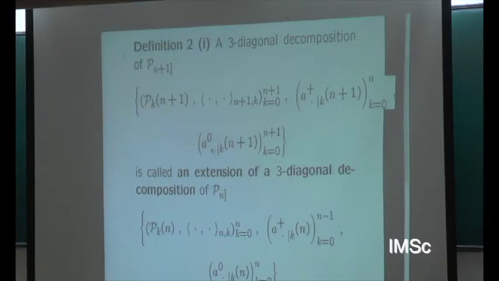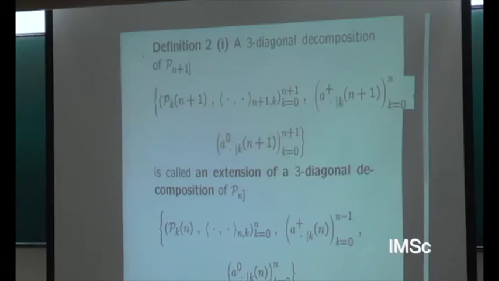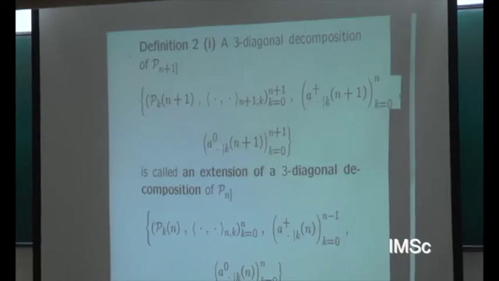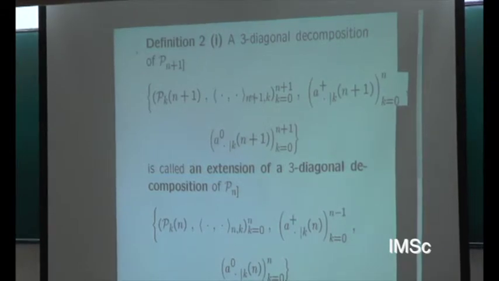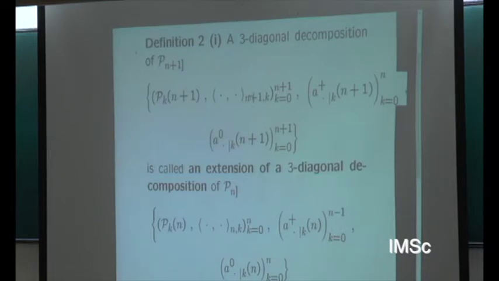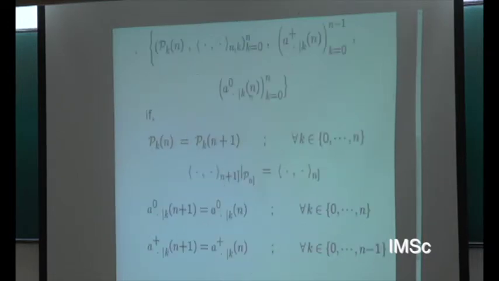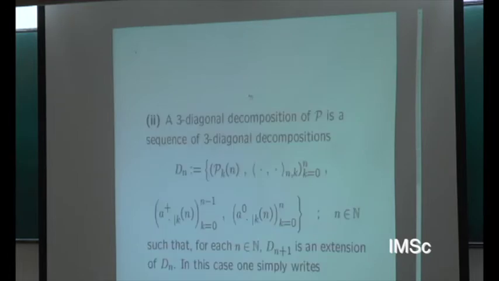This is the dot here. And then I need the creators only at k equal to n, the last one. But then I need the scalar product. So I need three new things. In fact, we will see in a moment that only two are necessary. So the extensions will be parameterized by two objects.